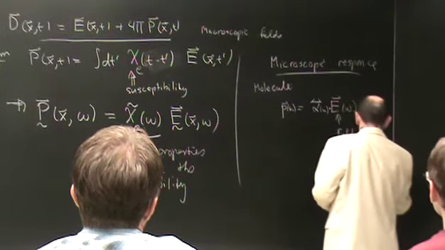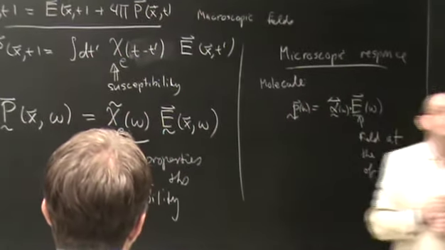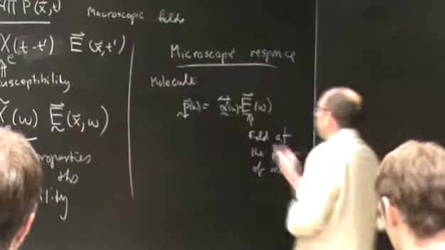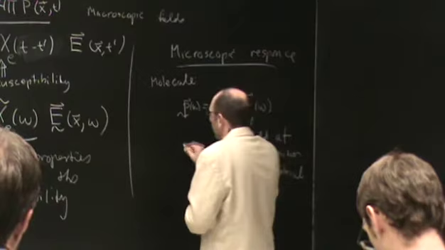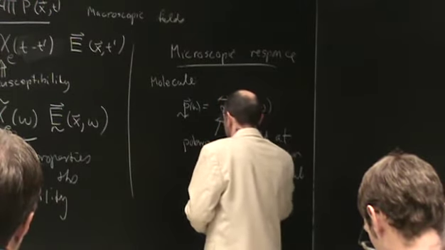Okay? And so these are generally complex quantities. And this object is known as the polarizability tensor.